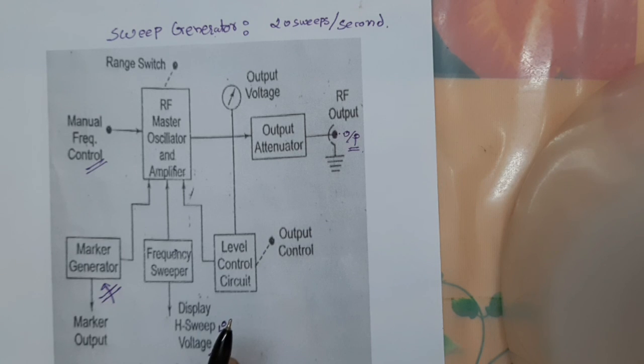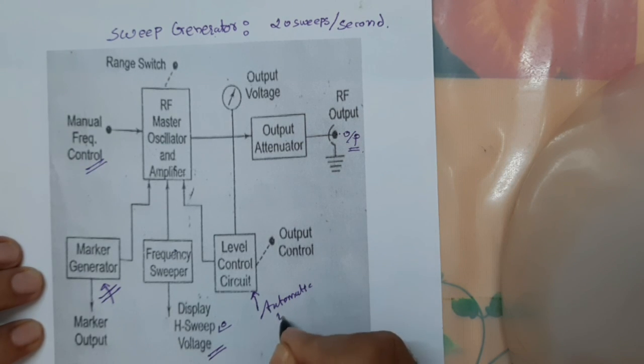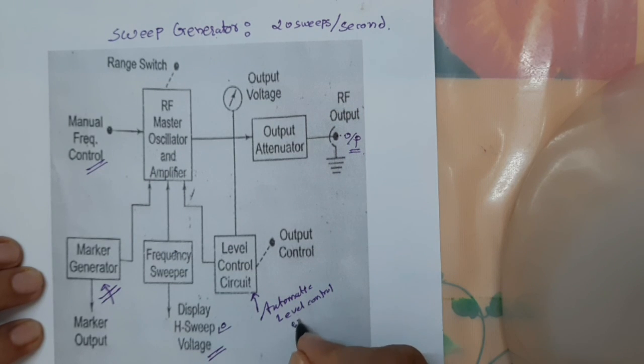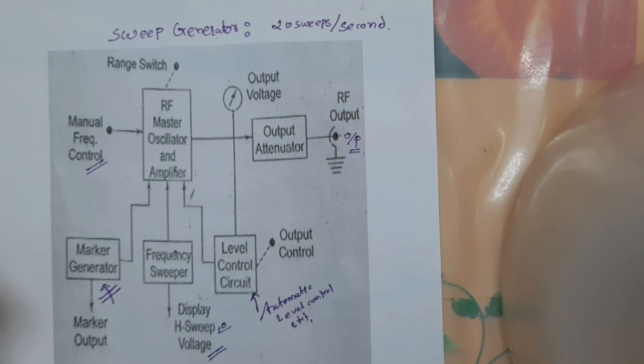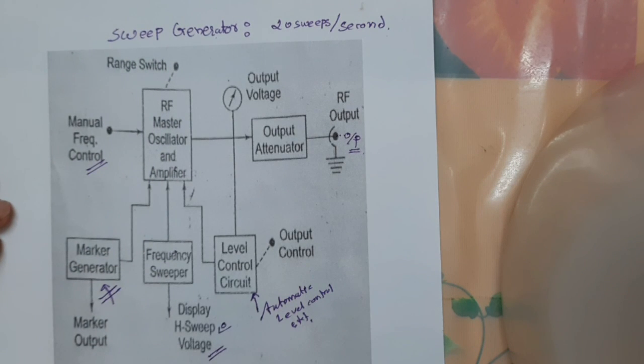And the last one, the automatic level control circuit. The automatic level control circuit is a closed loop system which monitors the RF level at some point in the measurement system.